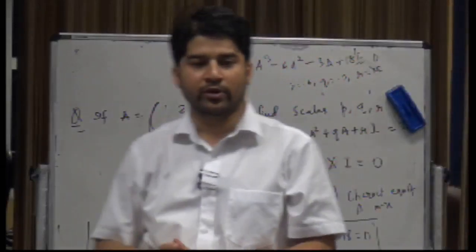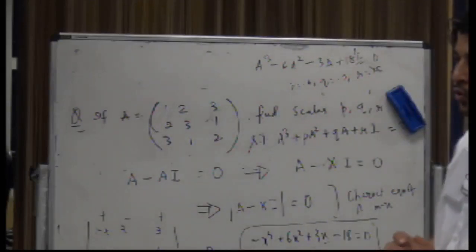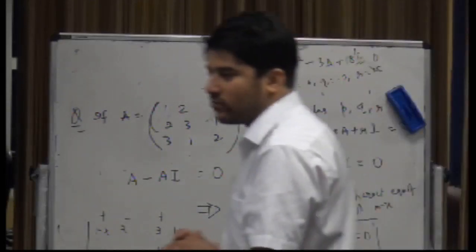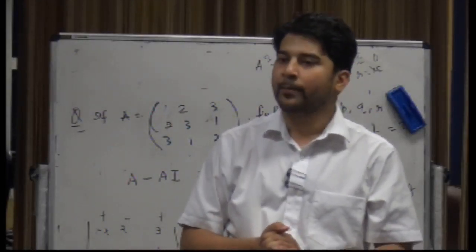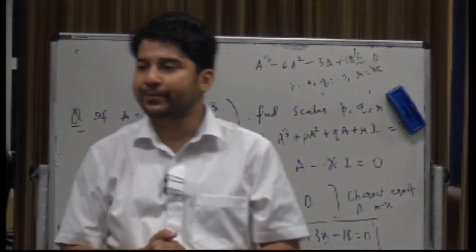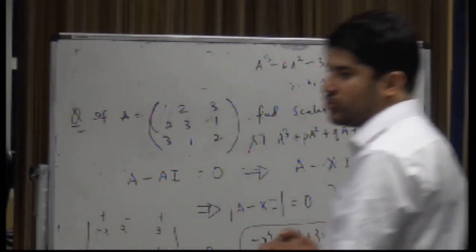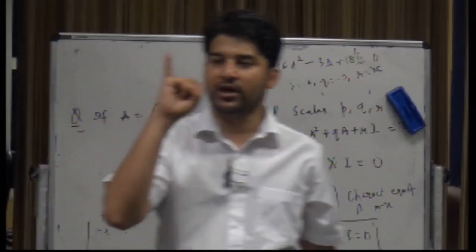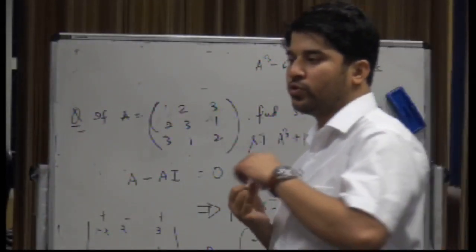Now the second important term is cofactor of an element. Cofactor of an element is exactly equal to the minor times minus 1 to the power i plus j. If i plus j turns out to be even, then the minor is equal to the cofactor.